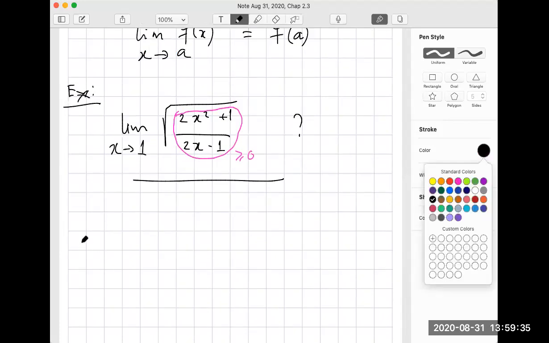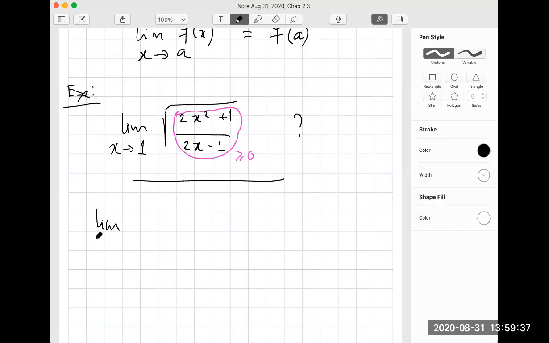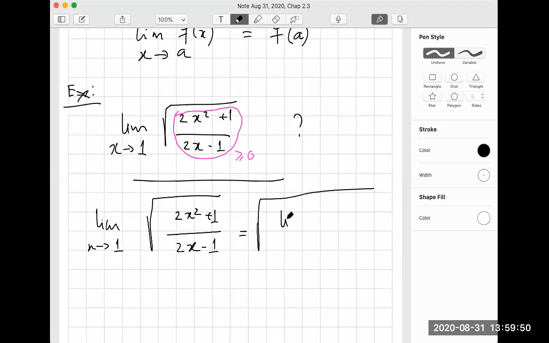Now, this implies the limit when x approaches 1 of this function is the square root of the limit of (2x squared plus 1) over (2x minus 1) when x approaches 1. Now, when we put 1 here, the denominator is different from 0. So it means that the function here is defined at a.